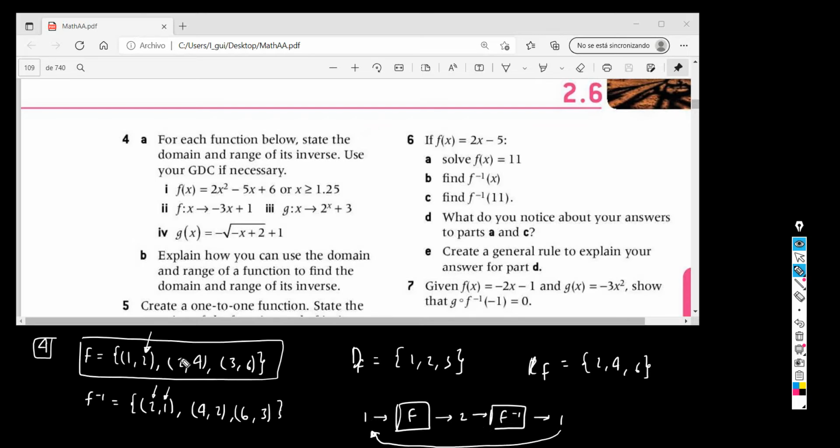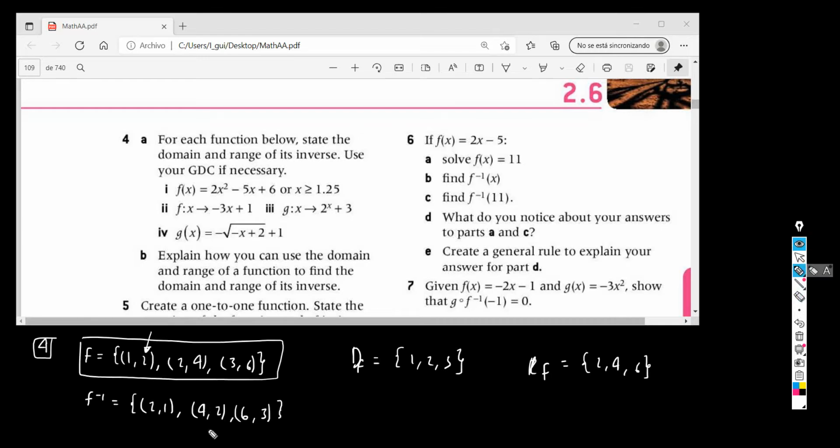If you give f the value of 2 and it outputs the number 4, then f inverse should take the number 4, reverse the whole thing, and give you the number 2 in return. That's why, in the representation of ordered pairs, each of these pairs is reversed in this way. Okay, perfect.